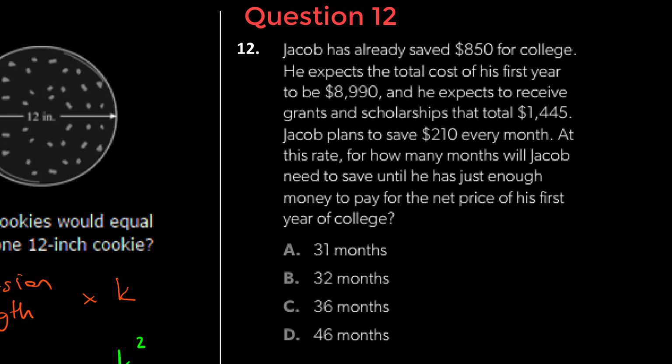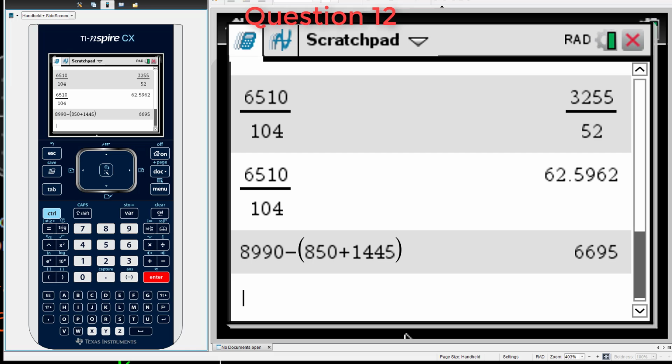Question number 12 is also about college savings. Let's find out how much Jacob needs to save for college by subtracting the money he already saved and the scholarships that he's going to receive from the total money he will need for the first year. So he will need to save $6,695.